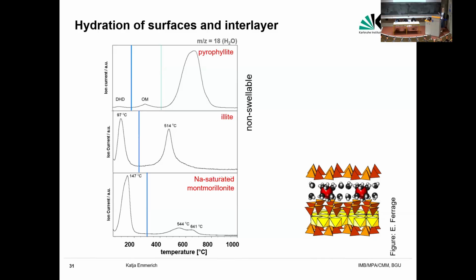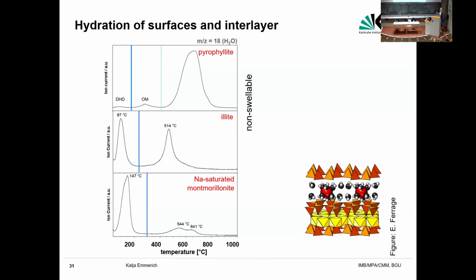First of all, peak temperature is below 100 degrees Celsius, and if you have a look at the ratio between the dehydration peak and the dehydroxylation peak, the dehydration peak is not that strong. But this illite had a very small particle size, therefore more surface area, and so even though it's a non-swellable clay mineral, water could adsorb at the outer surfaces.